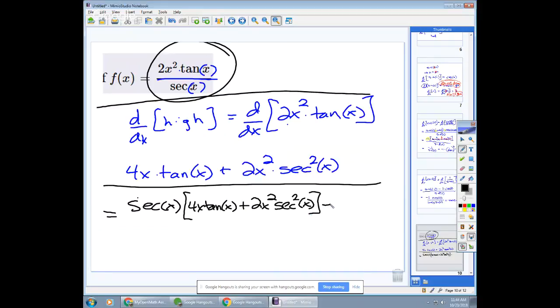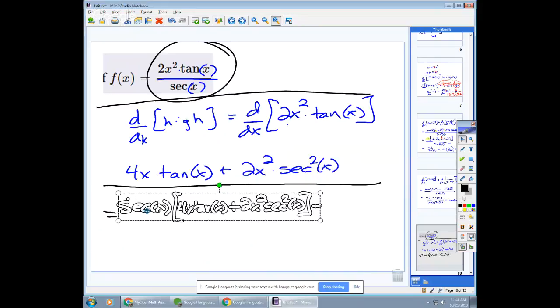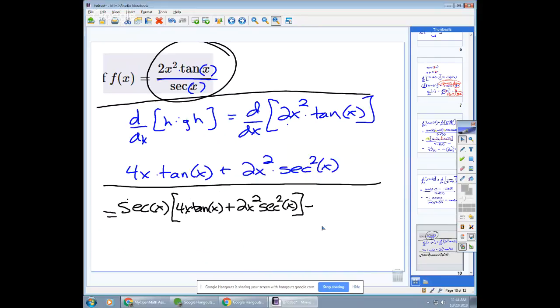And then I can go minus, it looks like I'm going to run out of room here. Let's tighten this up just a touch. Minus the high function, well, that's easy to write down. I can just copy it, 2x squared tangent of x, times the derivative of the secant, which is secant tangent.